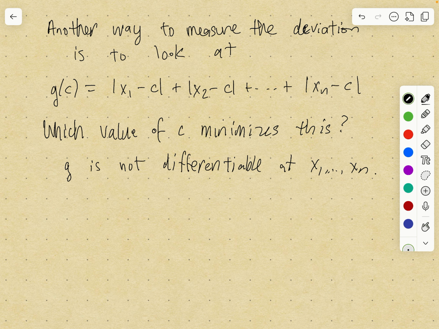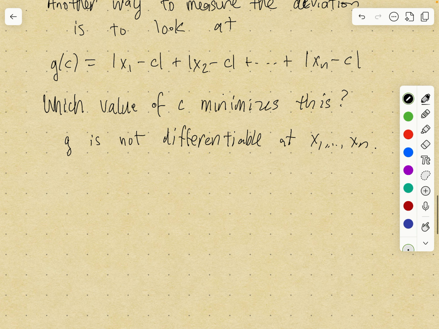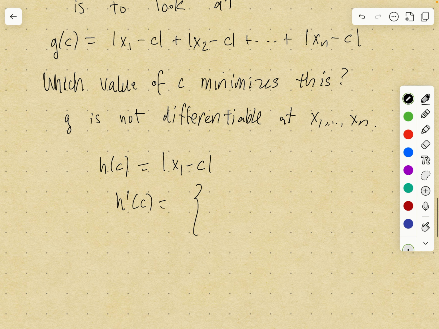Okay. So to take the derivative, we have to be a bit careful. Well, if we had something like, let's call it h of c, equal to the absolute value of x1 minus c. We know the derivative, so what this function looks like when you graph it, this is just the absolute value of c minus x1.